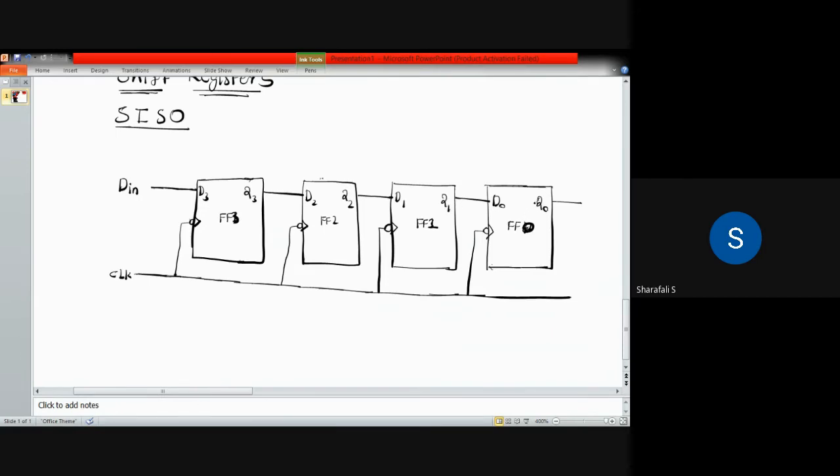These Qs are the outputs. Here we are considering SISO, that is serial input, serial output. This is in right shift mode. This is also another classification. This is right shift mode, or we can say shift right mode.